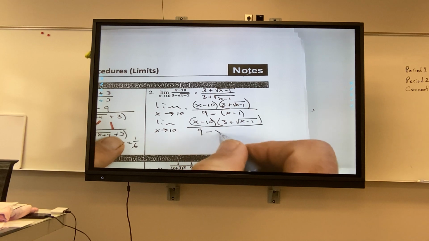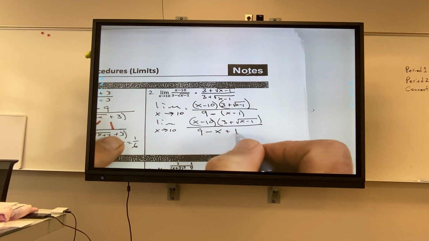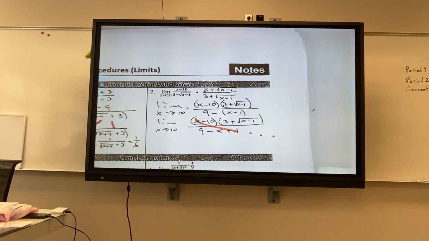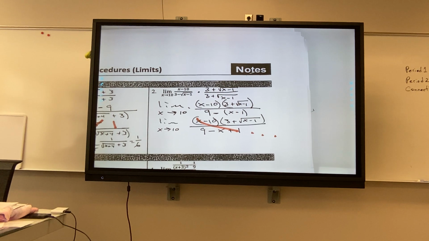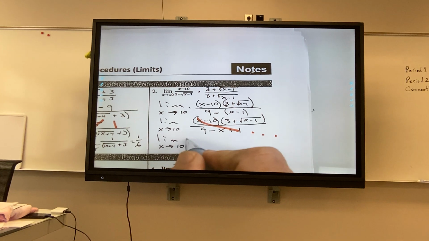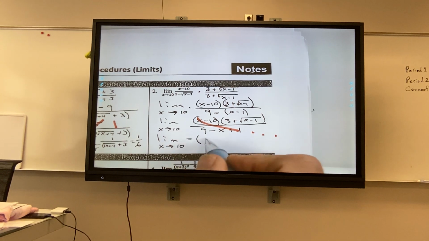9 minus x plus 1. Does that look right? Yep. This is 10 minus x, correct? It's kind of like, pull out a negative 1, just like the one that Ella had. So I can go bam, and I have this. You said negative 1, right? Yep. So I can write a -1 like this.